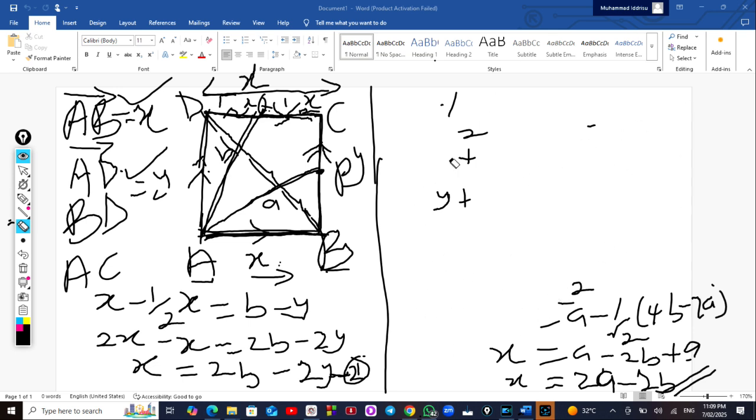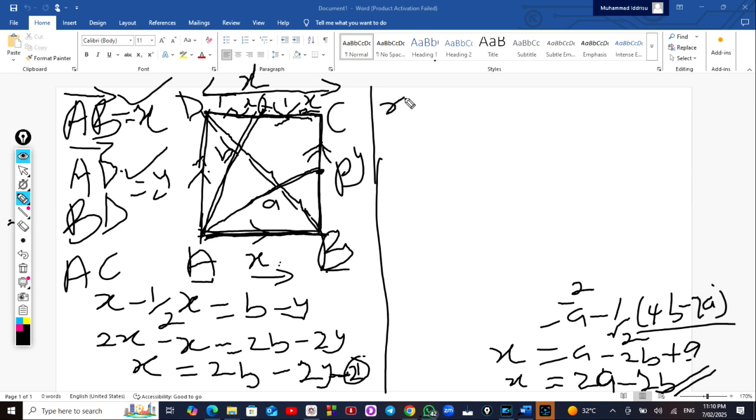Now I have my answer values for AB and AD. So AD is the same as y. I've cancelled my y, but I can find it here for you.